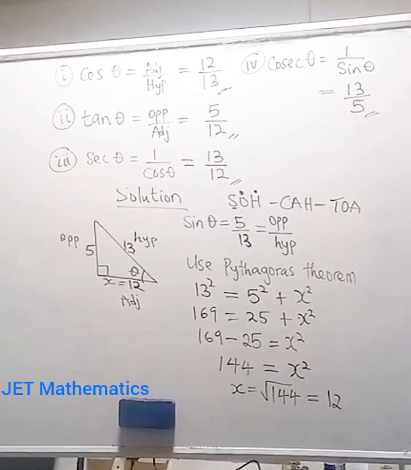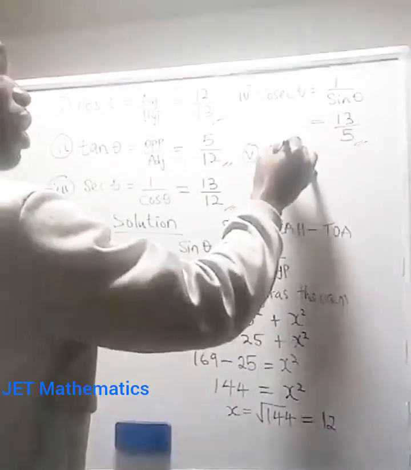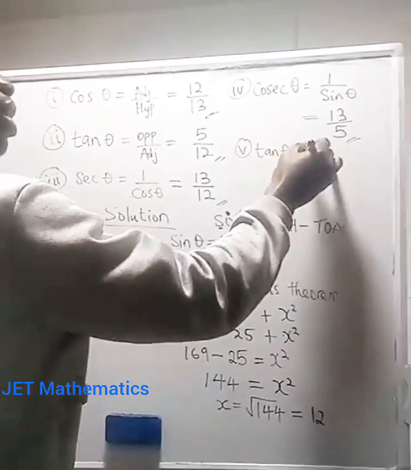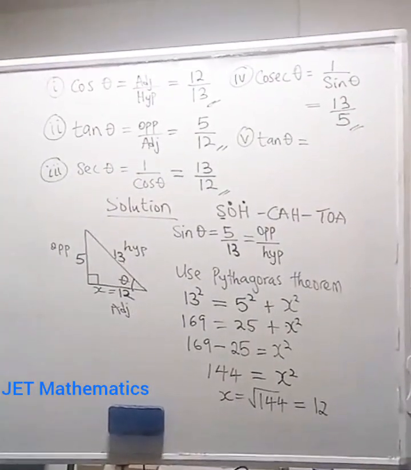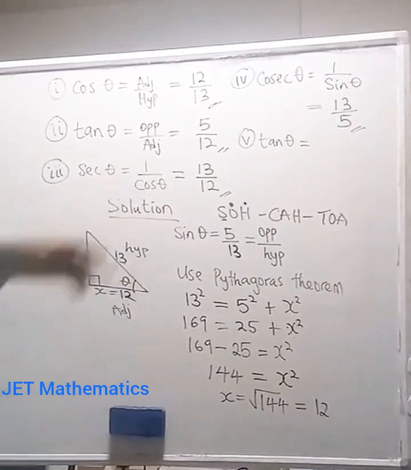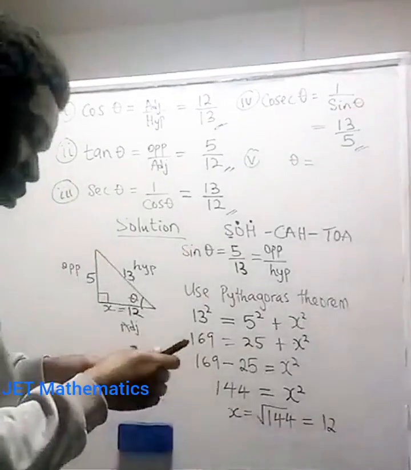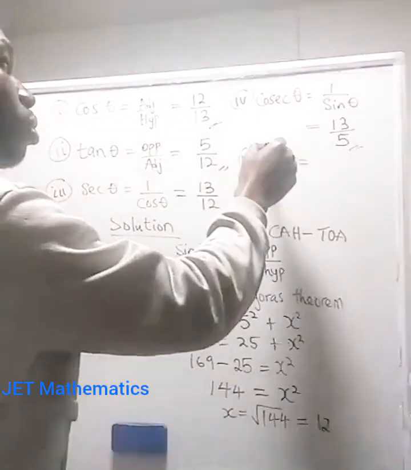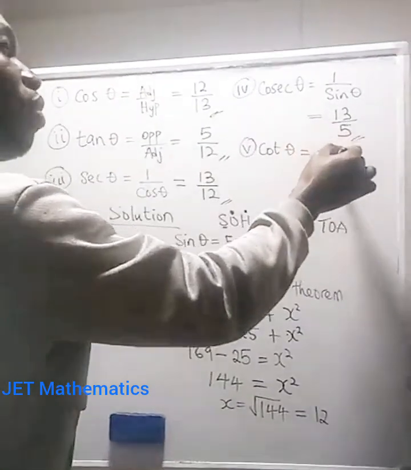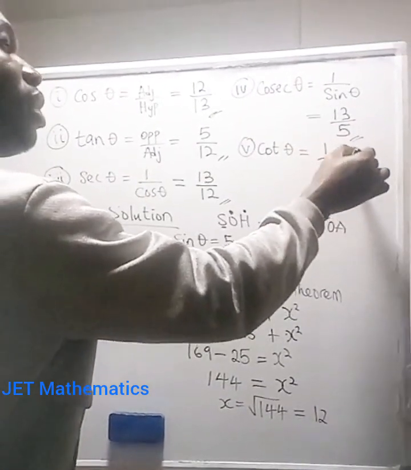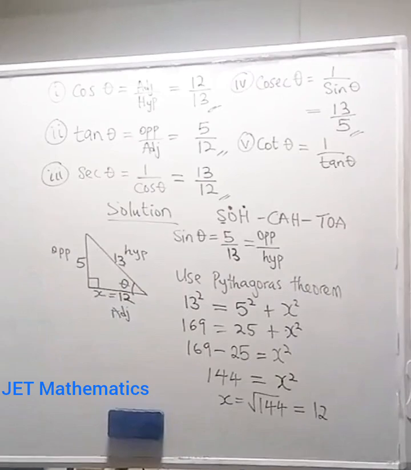And lastly, we have Roman figure 5, which is cot theta. And we know cot theta as 1 over tan theta, right? From the formula we have established.